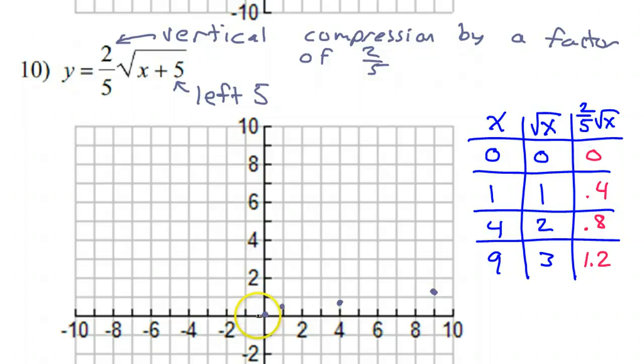So if I shift left 5, I'm going to start off here. And if I shift this one left 5, it will be about here. And if I go left 5 with this one, it's going to be about here. And left 5 with this one is going to be here.